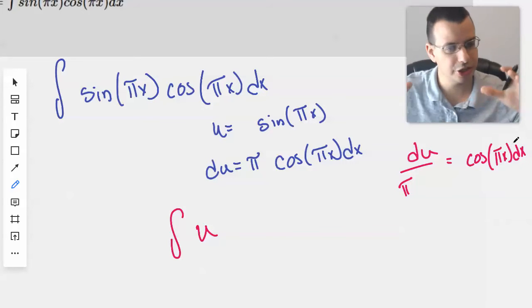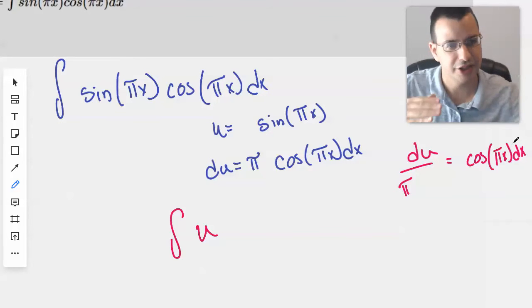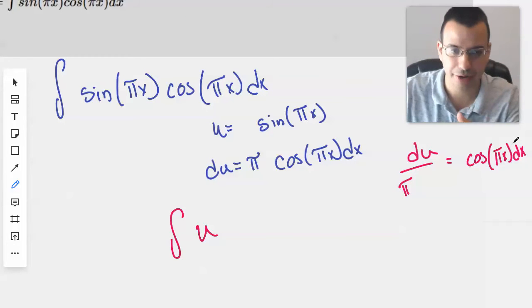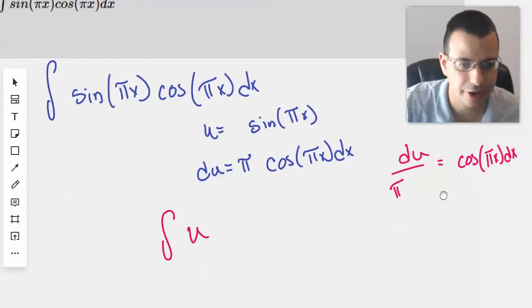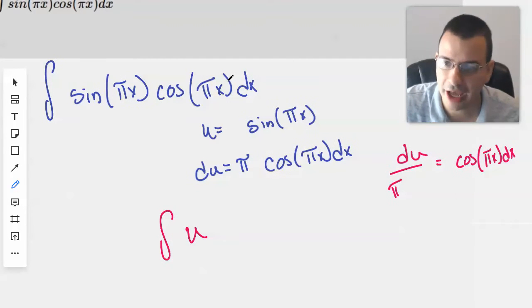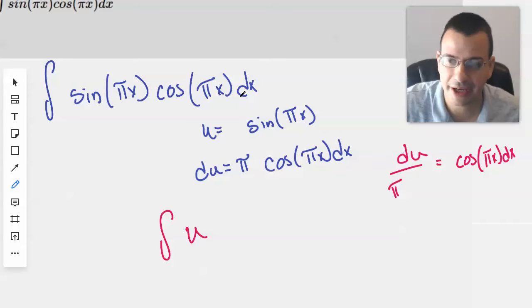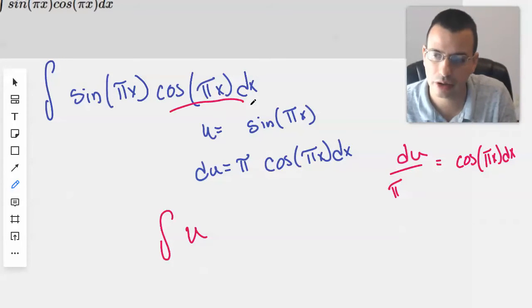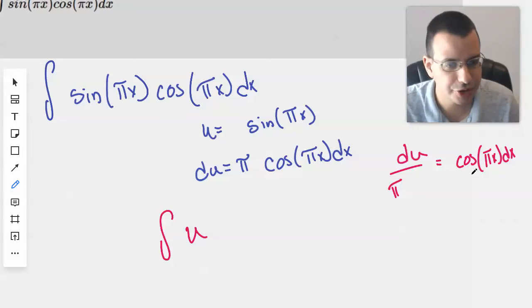I could have put the cosine of pi x on the left side, and then they just would have canceled out when I wrote it out. I prefer this method. You'll see. So we have cosine pi x dx right here. And then we also have it right here.